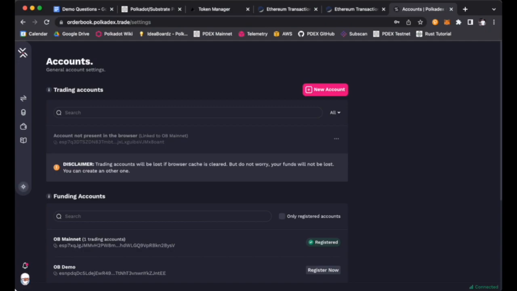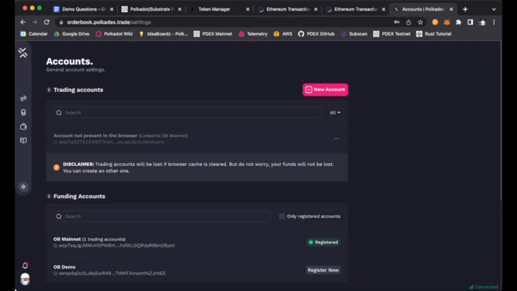And you can share this with a third party, like a market maker or a trading bot, and they can place trades on behalf of you with this trading account, the keys of which you can share with others comfortably, because all they can do is only place trades.